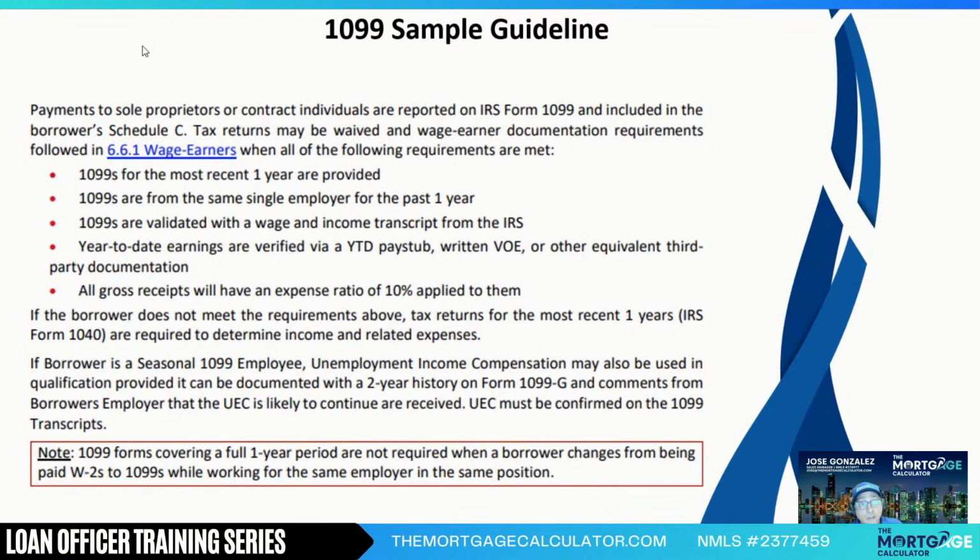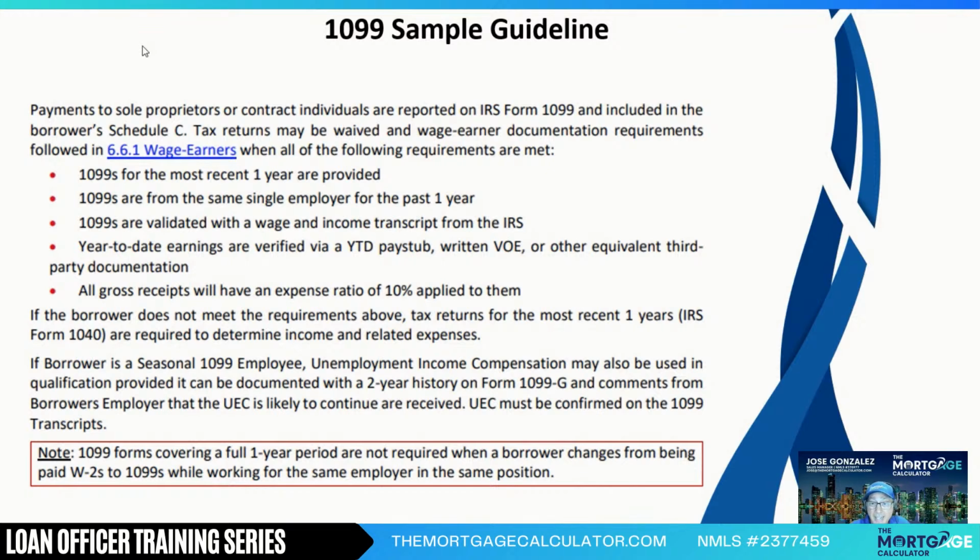So with that being said, we have so many different companies that we sell loans to. That's why we have so many different guidelines, and we basically pick and choose the best one that meets the needs of the borrowers. So in this case here, it's stating 1099s for the most recent 1 year provided, and 1099s are from the same single employer for the past 1 year. But there are other guidelines out there that do not have that requirement of 1099s from the same single employer for the past year. You could have multiple 1099s, right? Depending what you do.